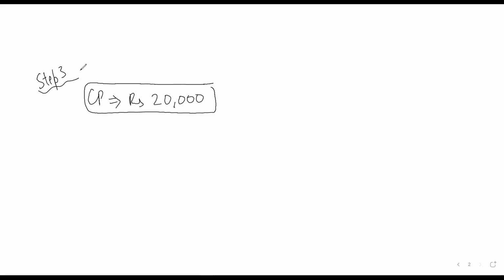So in the second line of this question, Sarthak, what is written? For what price should he have sold to get 9% profit? So to find 9% profit, this profit would be 9% of the cost price of 20,000.